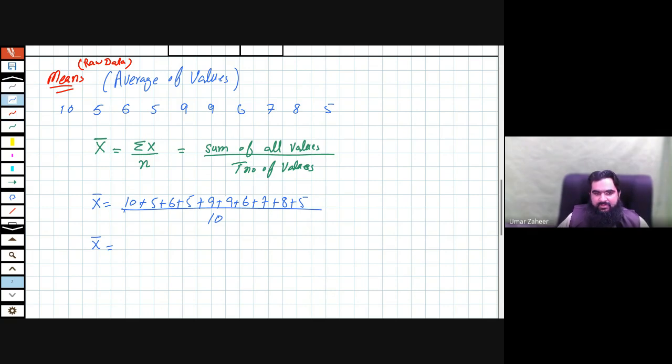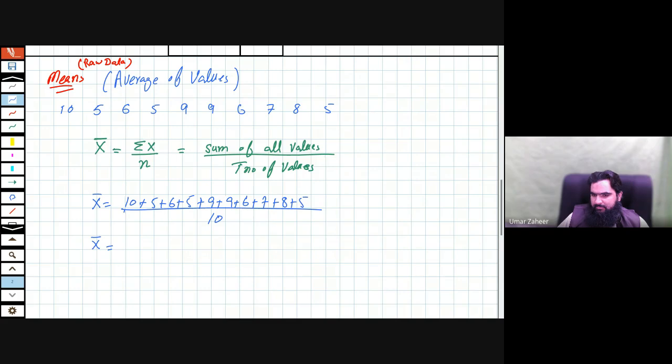Just sum up all of the values and divide by 10.